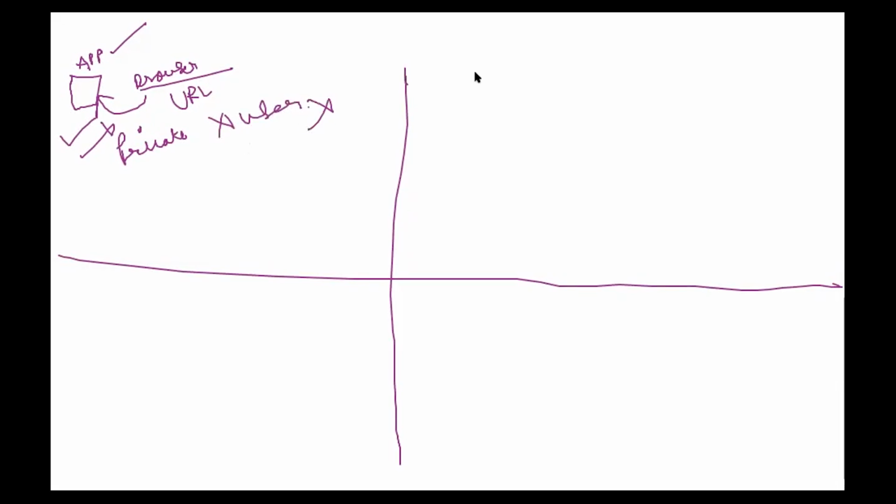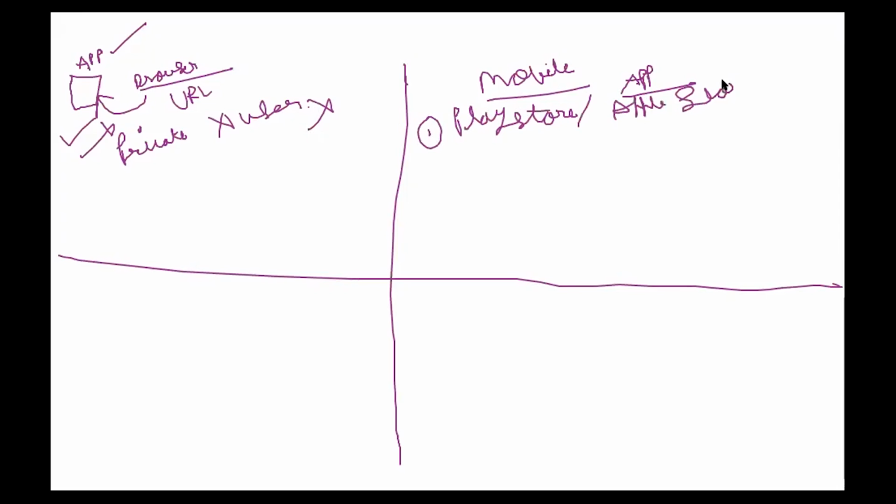Now, let's think about mobile. What does a user do to access your application on mobile? I'm not talking about the web app, just any random mobile application, let's say Twitter. First, your application has to be put on the Play Store or Apple Store, or Amazon Kindle Store, whatever marketplace a particular operating system supports.